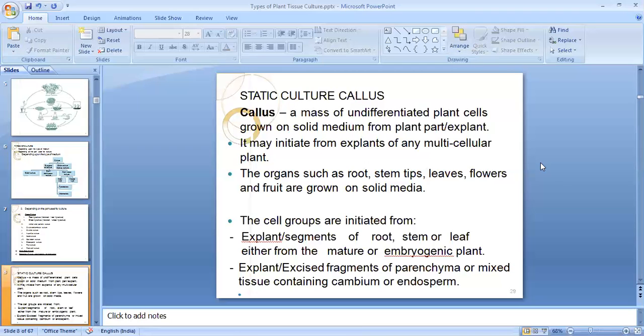And the cell groups are initiated from, as I already told you, the explants that may be from a segment of a root, stem, or a leaf, or from the mature embryogenic plant also. And this explant or the excised fragments may be of parenchymatous cells or mixed tissue containing the cambium or endosperm.